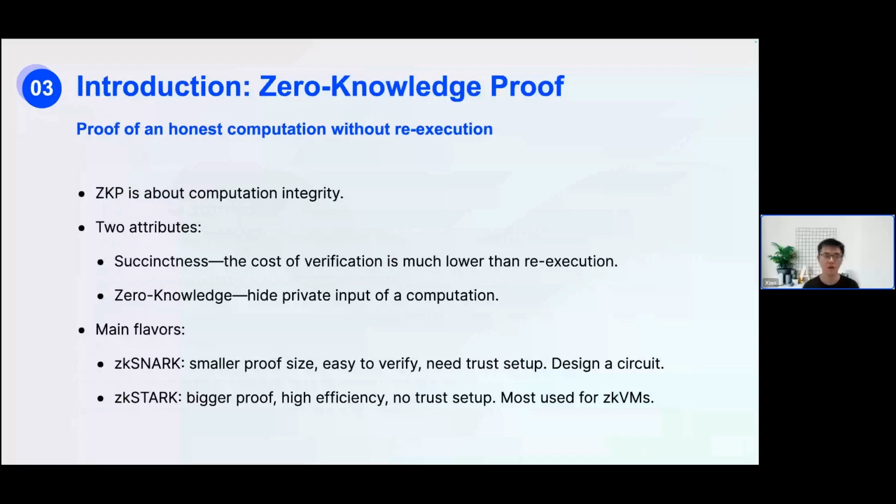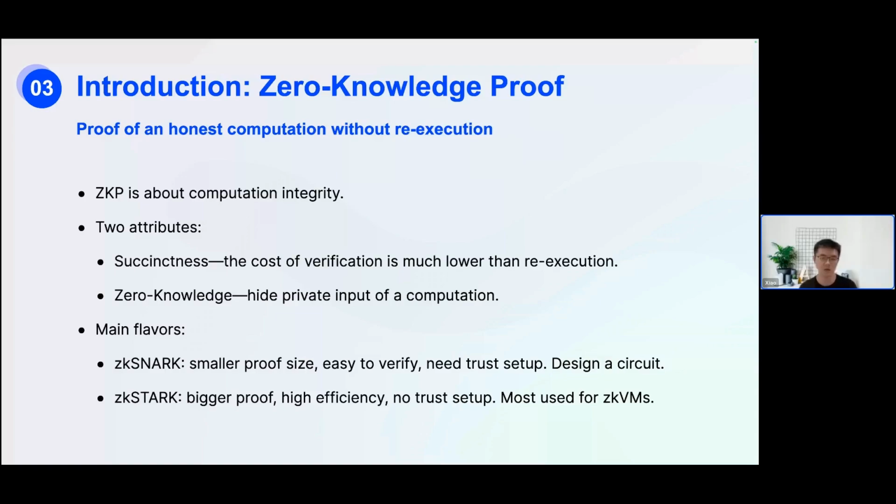Okay, so for people who are not that familiar with the concept of zero-knowledge proof, here's a very quick introduction. We know ZK or ZKP has been in this Web3 ecosystem for quite some time. To very quickly define what it is, or to grasp the essence of this technology, you can just memorize this one sentence. Zero-knowledge proof is basically a proof of an honest computation without the need to re-execute it.